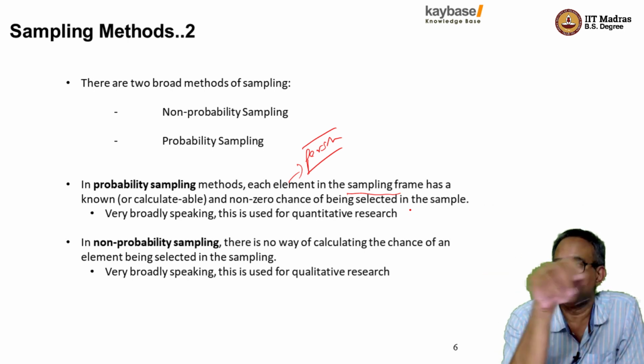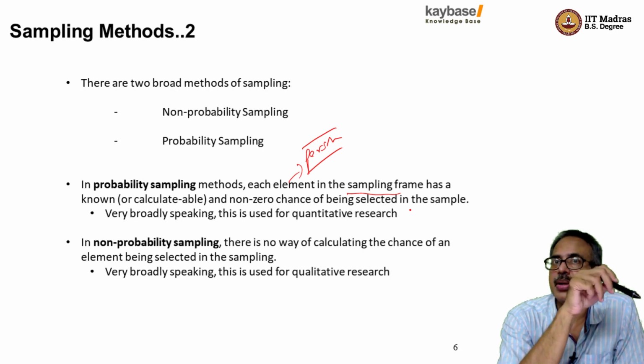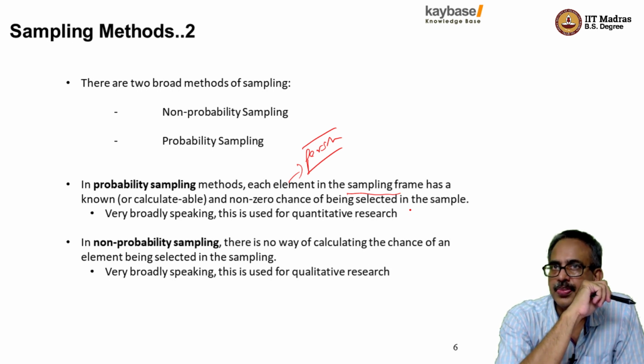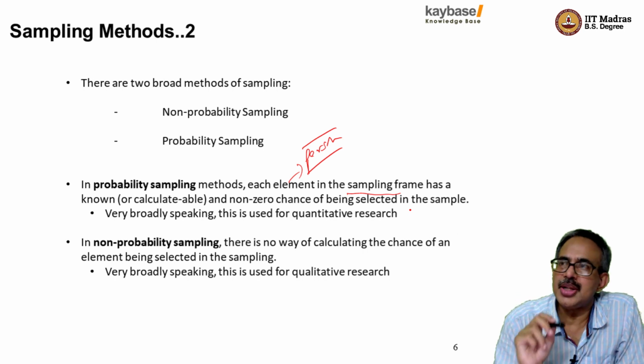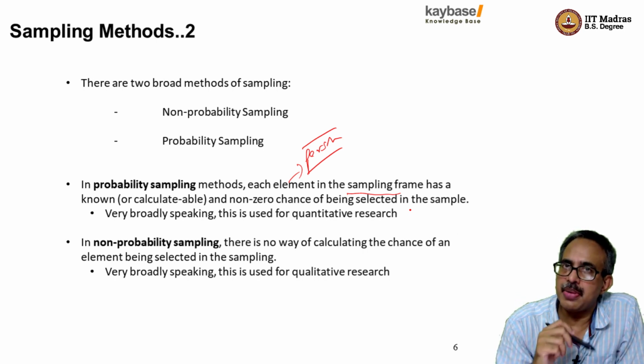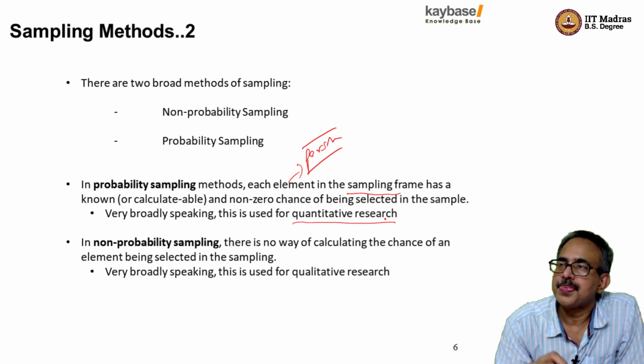It may not be equal, but you should be able to calculate. The methods of sampling will allow you to calculate the chance of being selected. Right? This is the technical definition. But commonsensically speaking, as industry professionals, you can just understand that probability sampling is suitable for quantitative research.